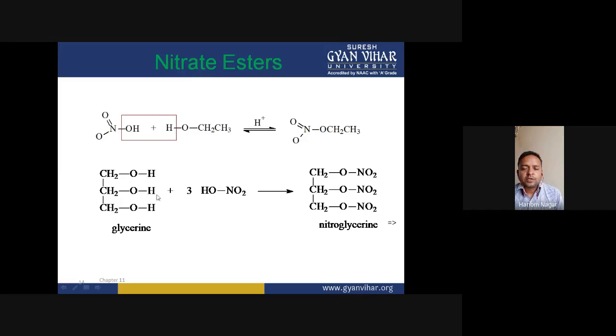So glycerin when reacted with three molecules of nitric acid gives nitroglycerin, where all three OH groups are substituted by the nitrate group of nitric acid, and this produces nitroglycerin as a product.